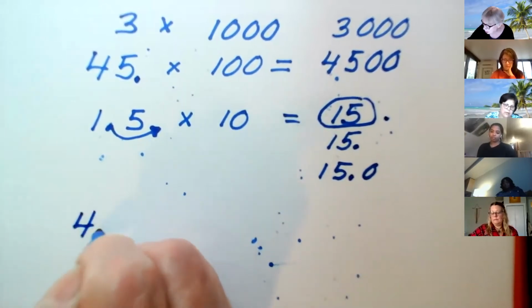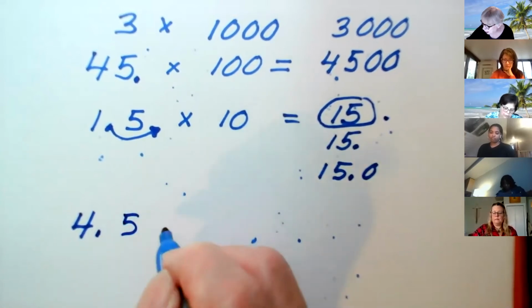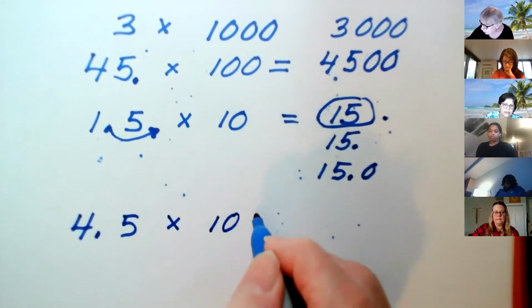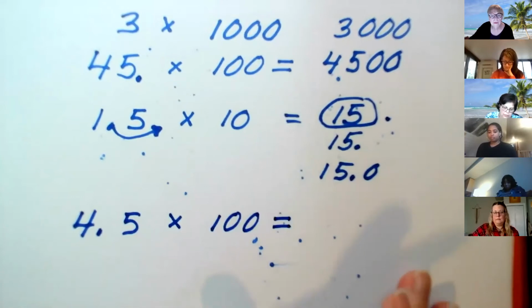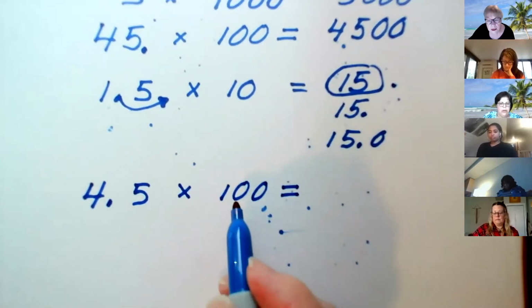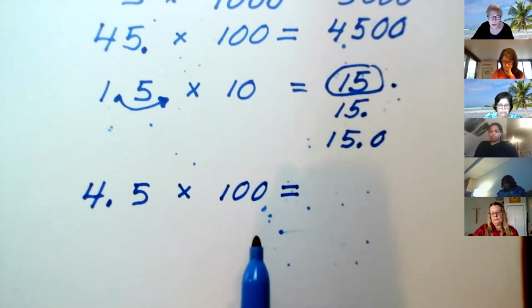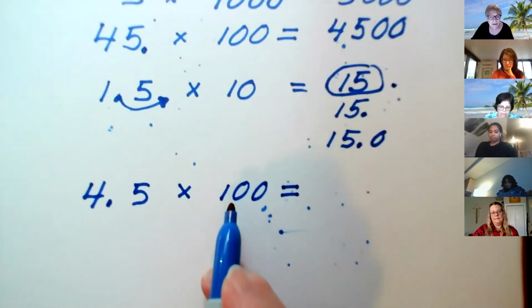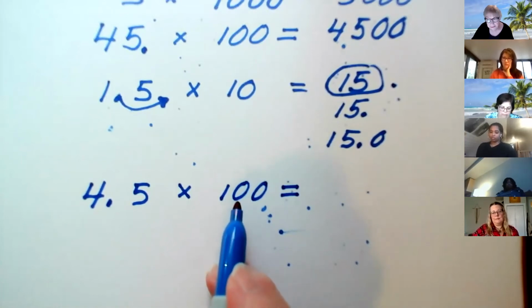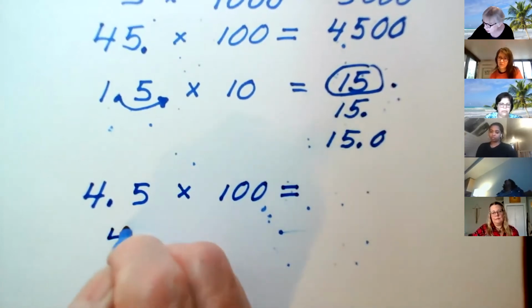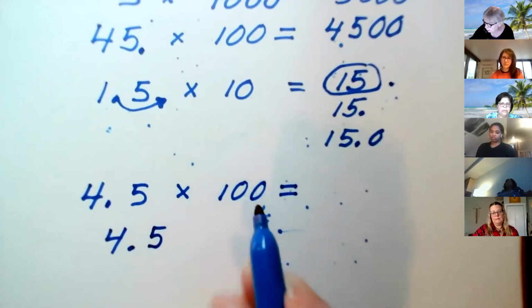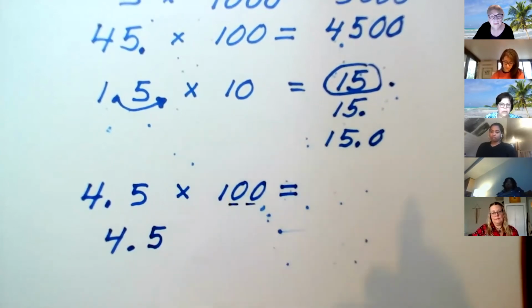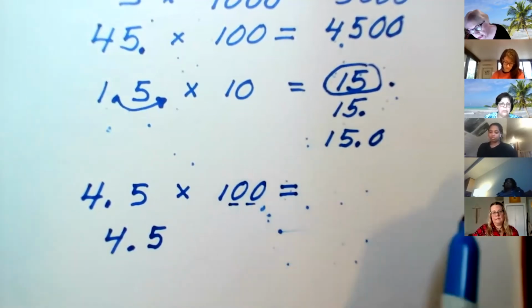So let's do 4.5 times 100. Okay. When you see multiply by 100, you say, oh, great, because that means you don't have to sweat it. And so you know what I'm going to do. Here's 4.5. 100 amounts to 2 decimal places, and it's multiplying, so you're going to make the number larger.